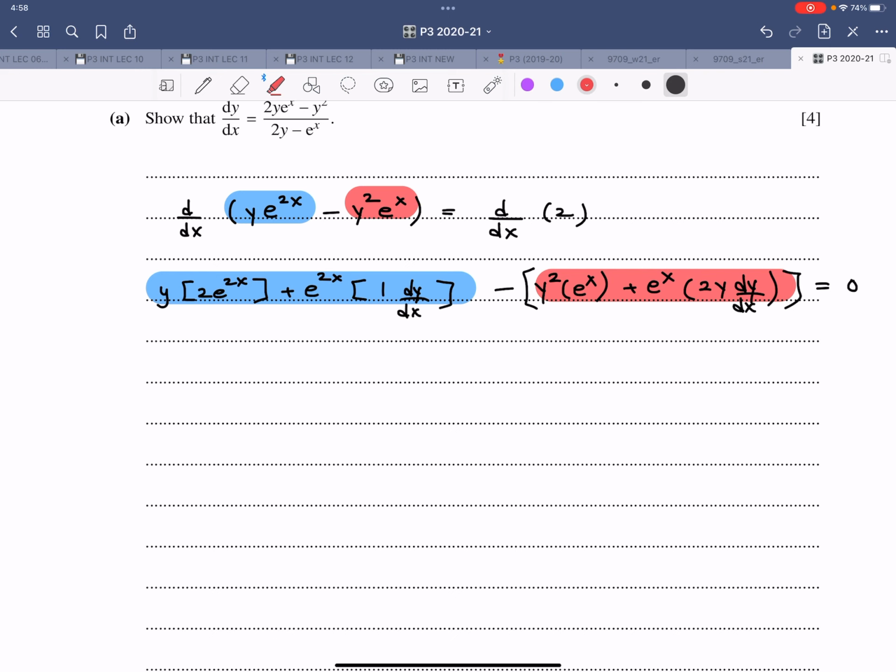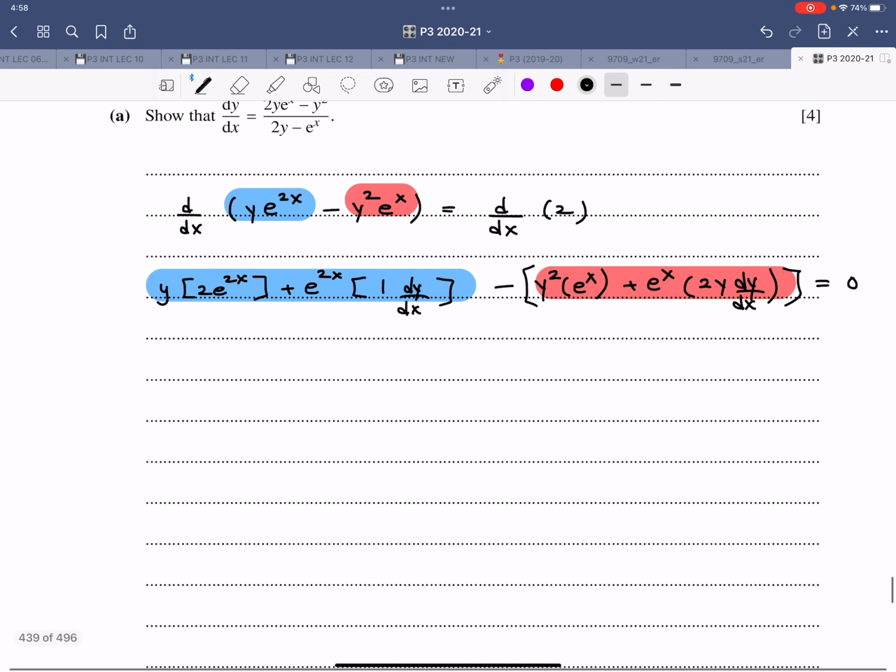Grab all the terms with dy by dx in it. So e raised to the power of 2x dy by dx. And there is a minus sign. When you open it up, that is minus 2y e raised to the power of x. There is an e^x and there is an e to the x. So be very, very careful. dy by dx equals y square e^x and this is 2y e to the x minus 2y e to the x.